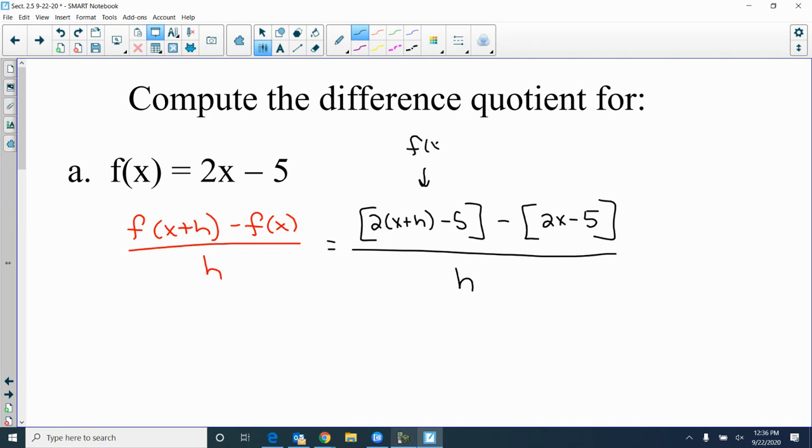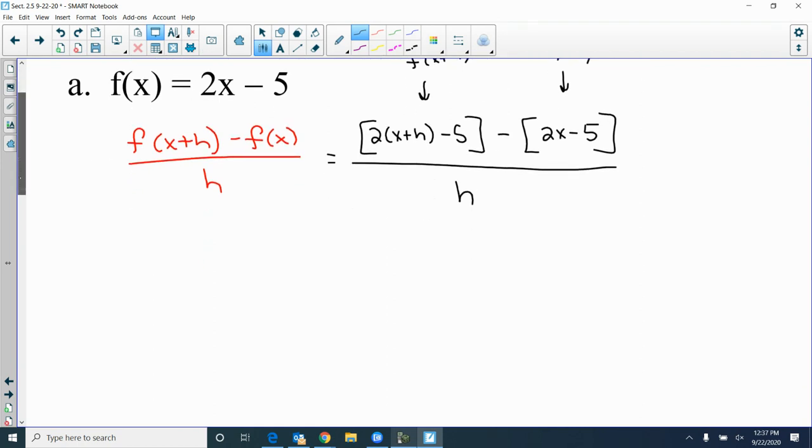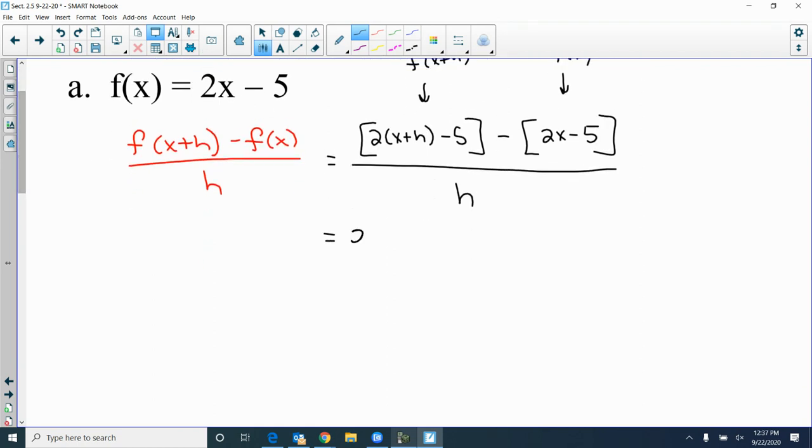So there's your f of x plus h. Here's your f of x. All right, distribute, simplify. That's really all we have to do at this point. Now, distribute here, I get 2 times x plus 2h minus 5.